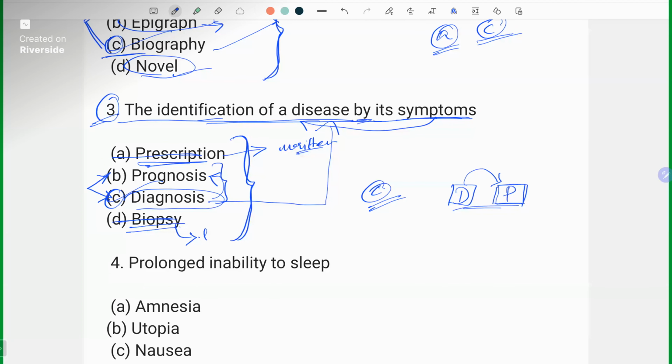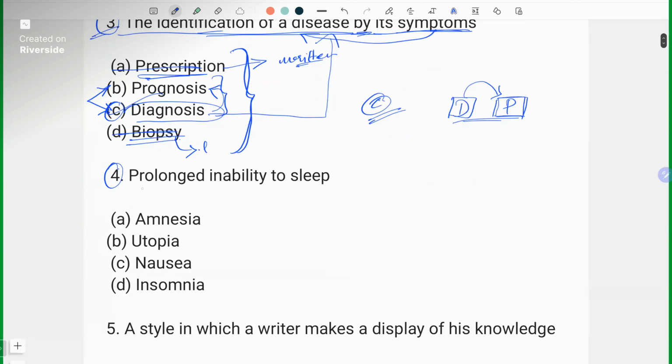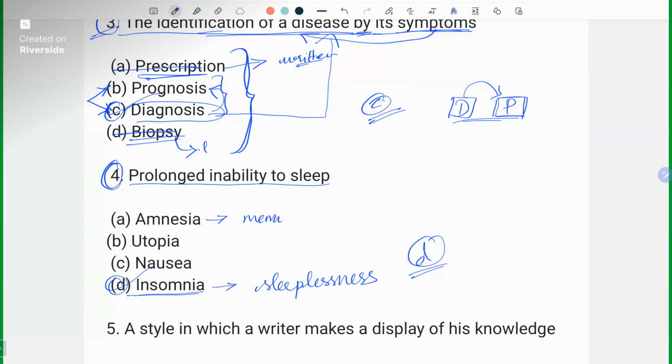Taking a sample and examining it. Question number 4. Prolonged inability to sleep. D, ma'am. The answer is D, insomnia. Insomnia simply means sleeplessness. Amnesia, we know, is memory loss, partial or full.